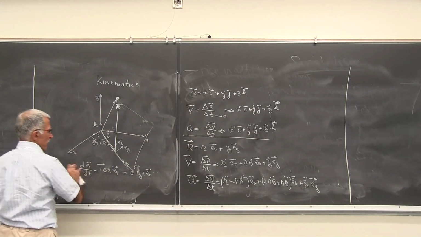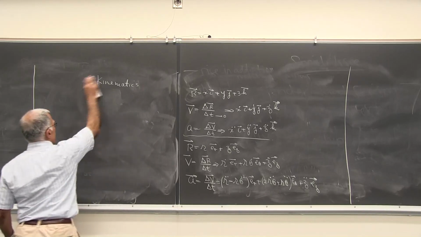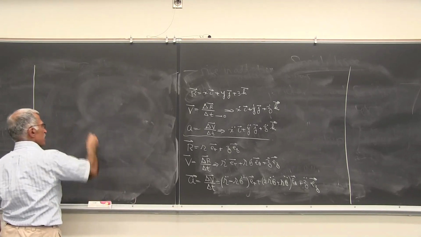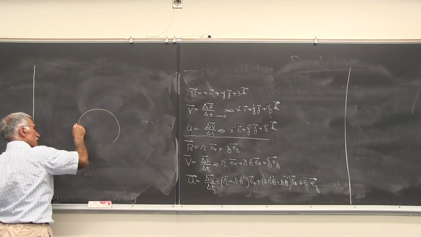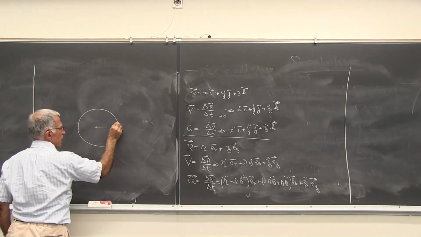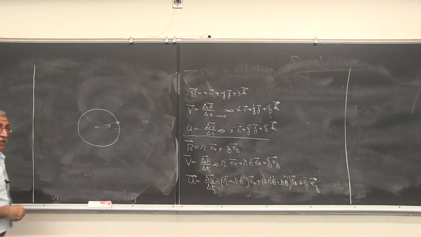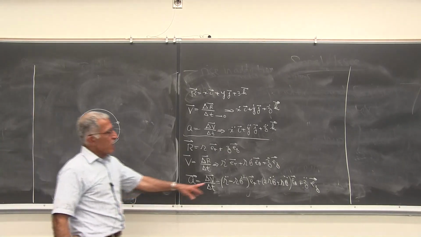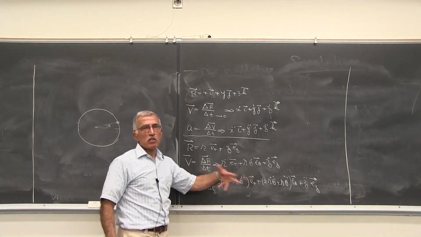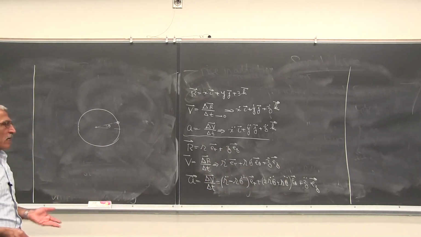So if an object is going around a circle, forget about the normal to the page, it's going around here, and that's a particle at any theta. If r is a constant, the only velocity that you have is r theta dot, which you have seen in your physics as r omega. Theta dot is the angular velocity, how the angle is changing.